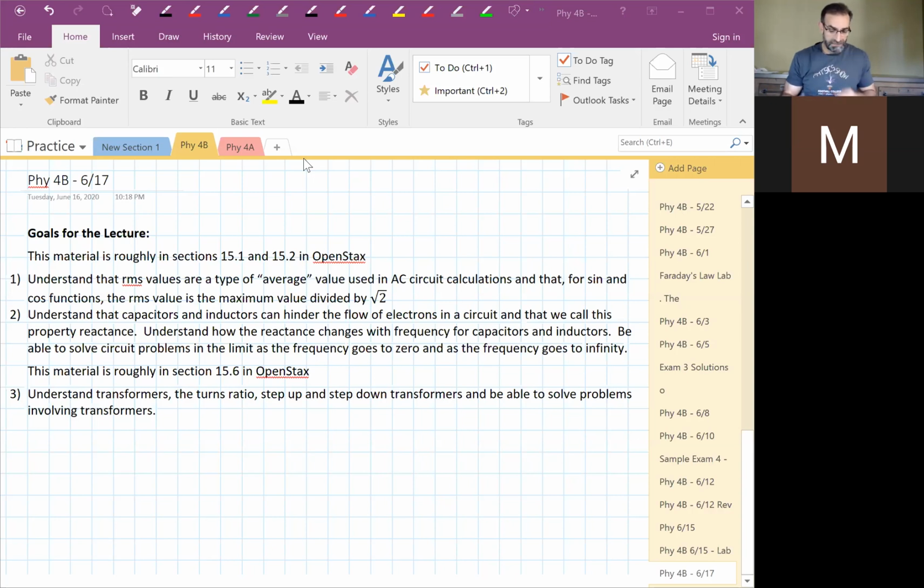Okay, we are going to do a very light treatment of AC circuits, for a couple of reasons. One, we're just out of time. Two, even in a normal quarter where we'd have another week, there really isn't enough time to do it right. In AC circuits, there's a lot going on.